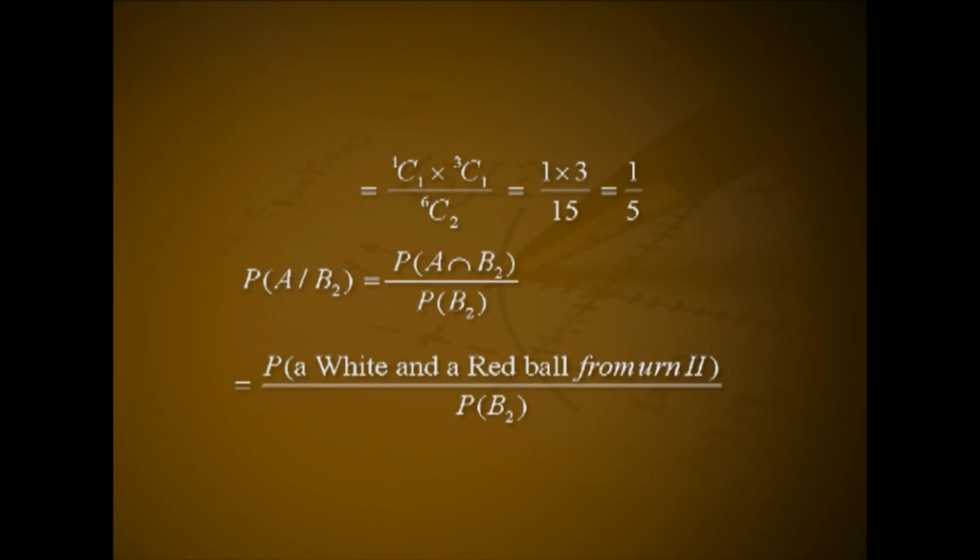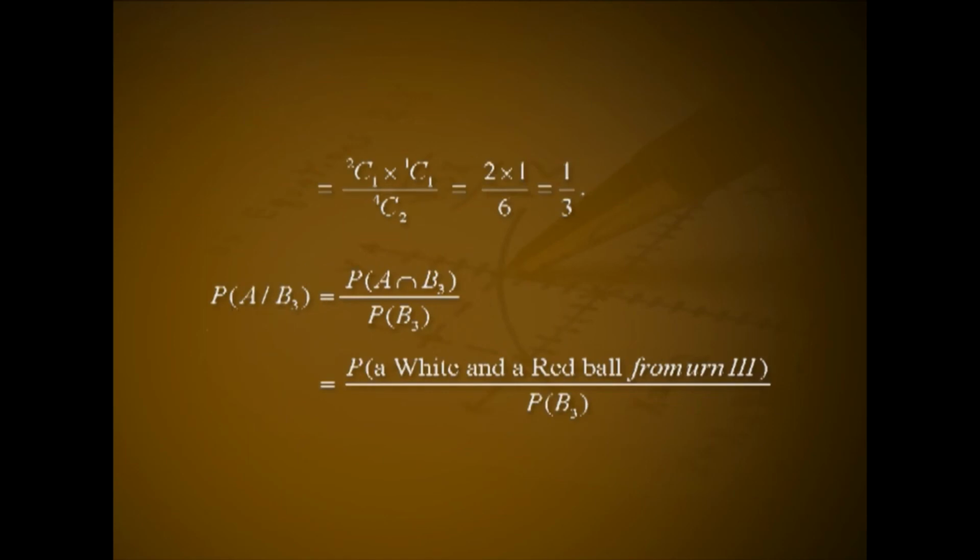P of A given B2 equals P of A intersection B2 divided by P of B2. That is equal to probability of a white and a red ball from urn 2 divided by P of B2. That is equal to 2C1 into 1C1 divided by 4C2, which is 2 into 1 divided by 6, that is equal to 1 by 3.